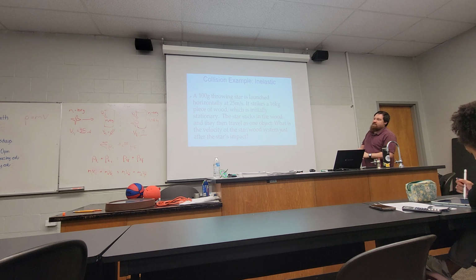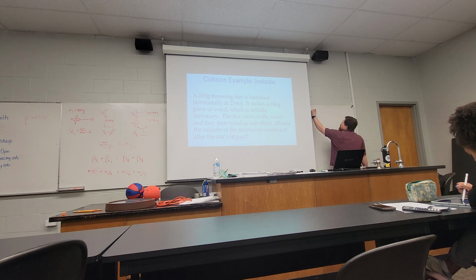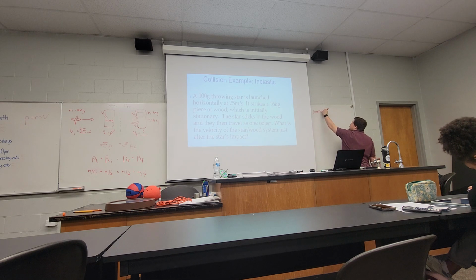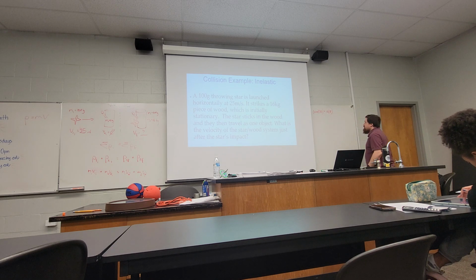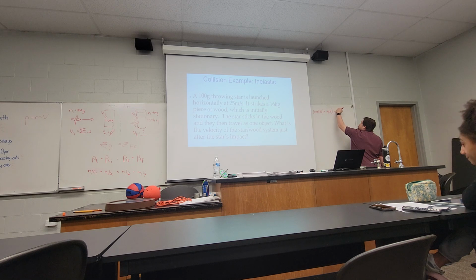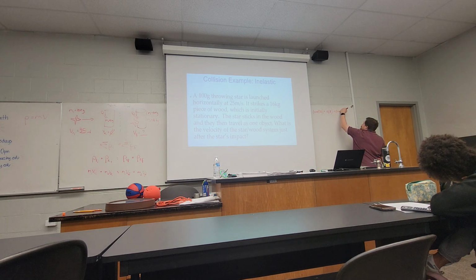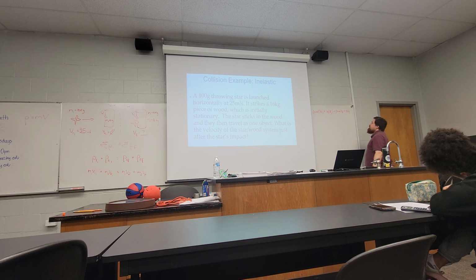Again, plugging numbers into that left side. Mass 1 is 0.100 kilograms. Velocity 1 initial is 25. Mass 2 is 16 kilograms. Velocity 2 initial is 0. On the final side, we have the same 2 masses, but being multiplied by a different shared final velocity.